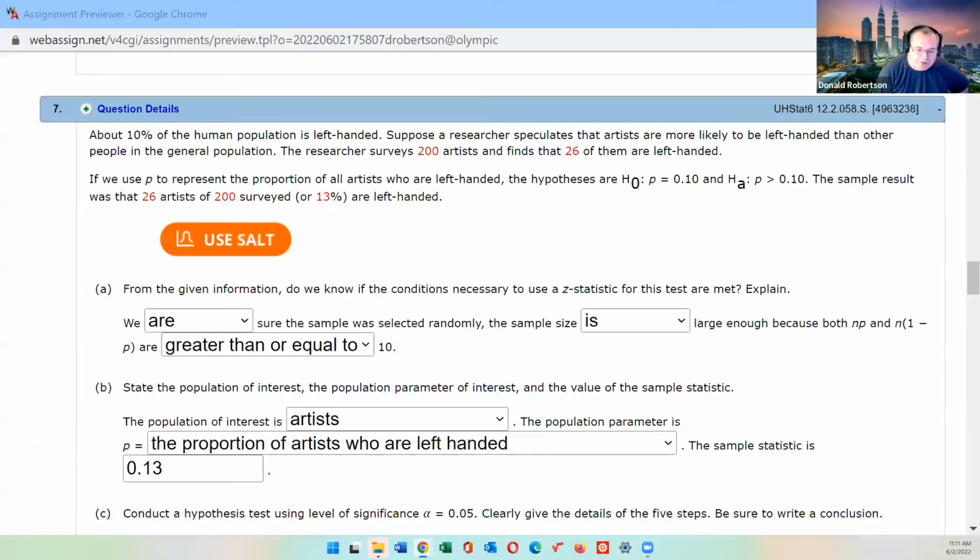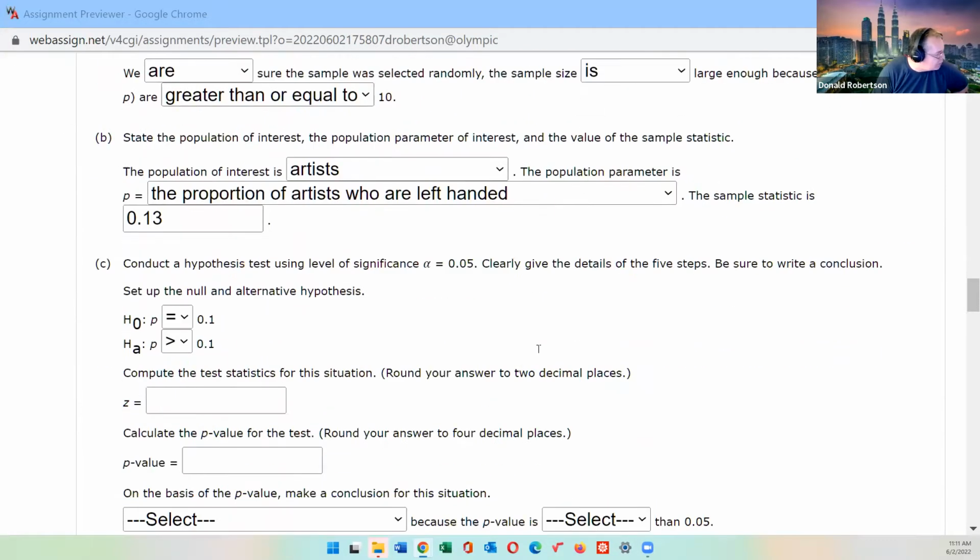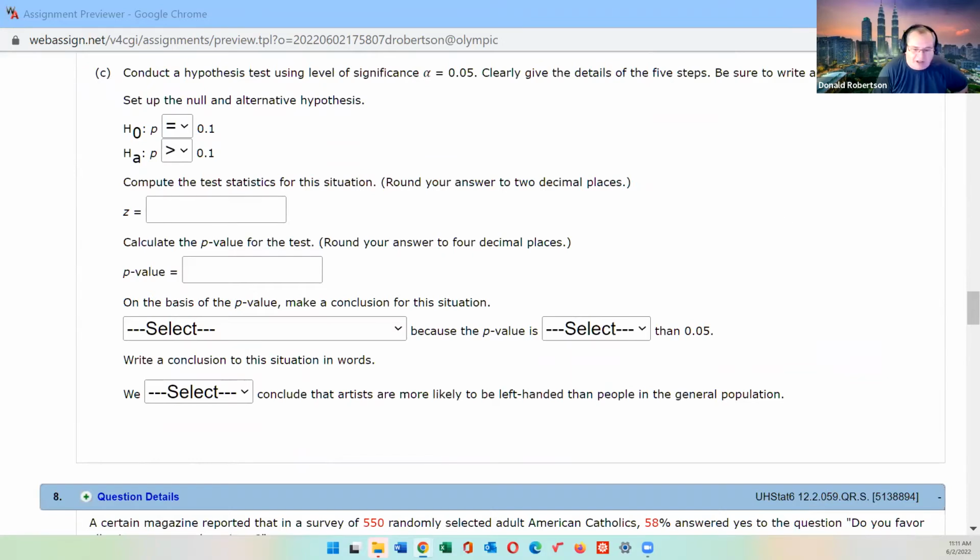So I'm moving them out of the way, but here we go. Compute the test statistic. I'm copying that number there, and they want it to 2 decimal places, so there's your answer. They have a p-value.